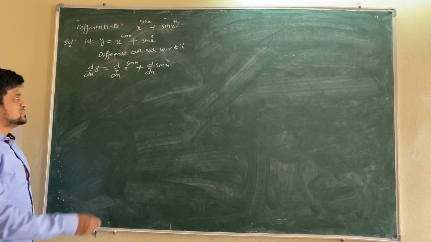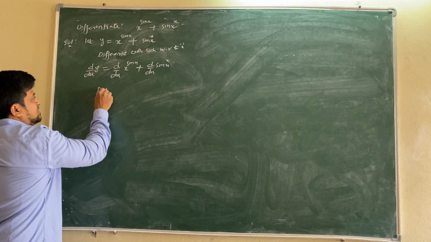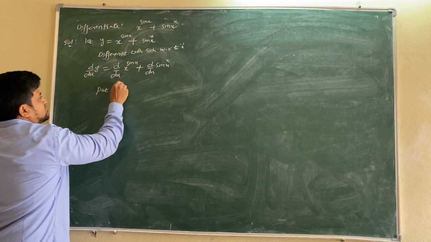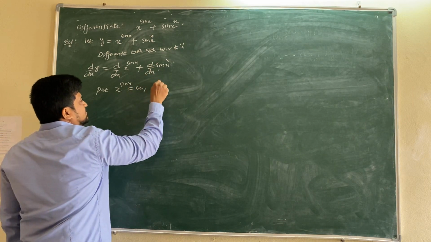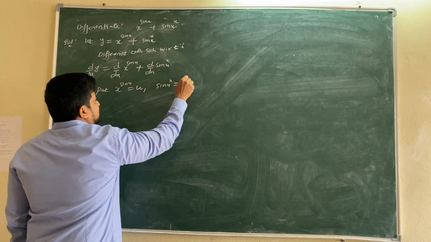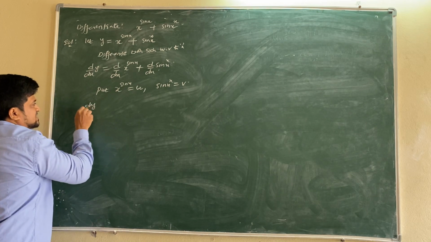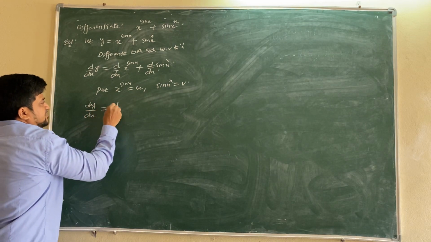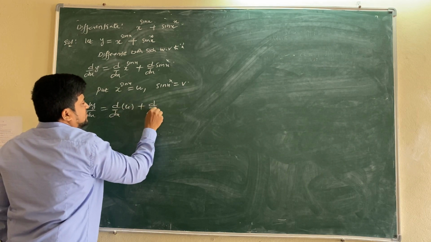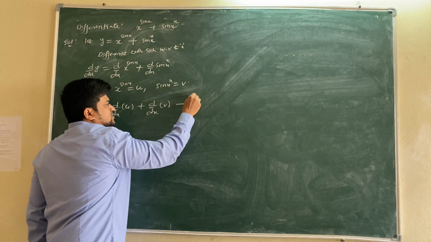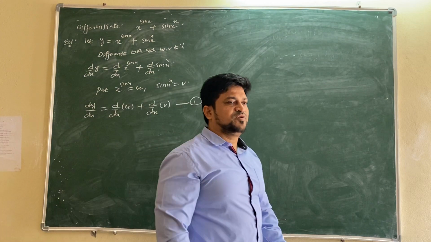So what we have to do is put this value as u and this value as v. So this dy by dx will become d by dx of u plus d by dx of v. Let it be equation 1. What we have to do when two terms are there?